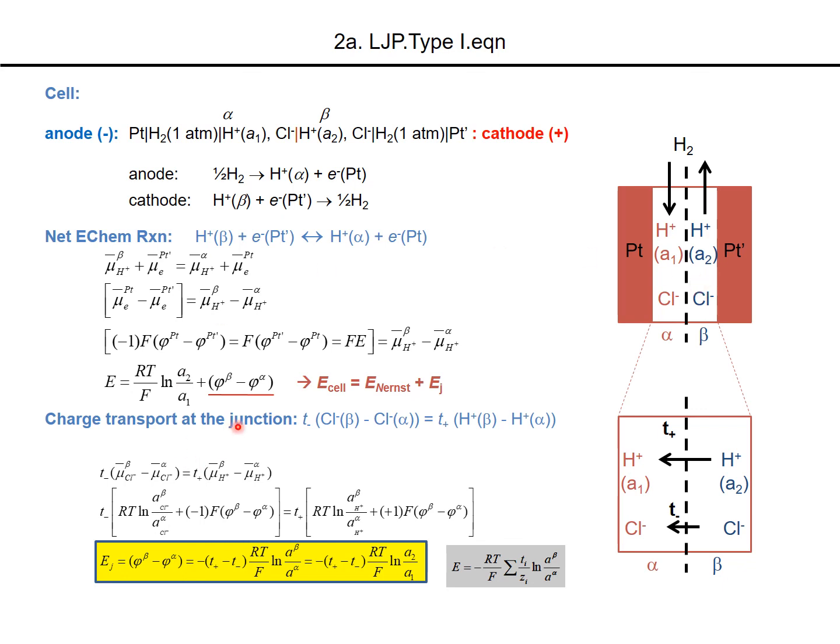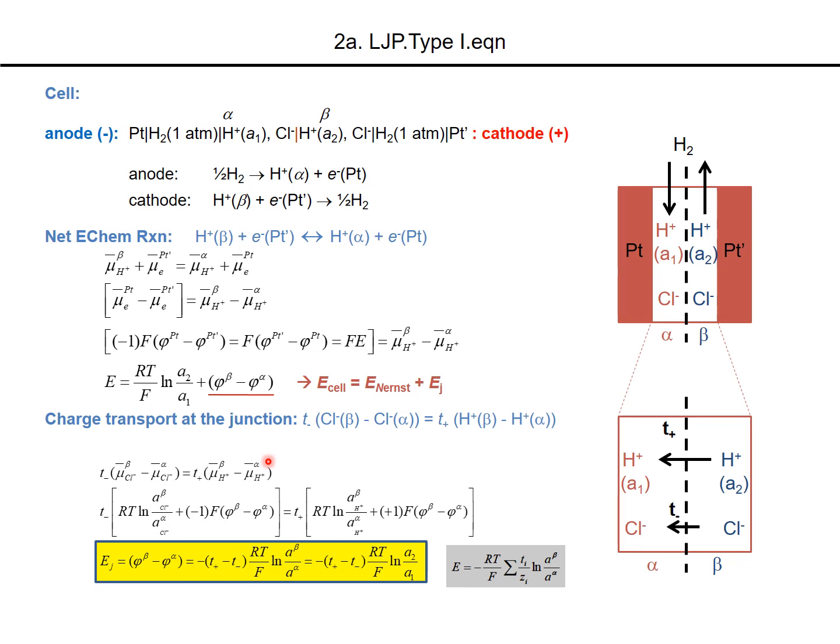Anyway, let me try to calculate the liquid junction potential. Here is the charge transport at the junction, and based on this charge transport, we could develop some balance equations. Here is the electrochemical potential difference between alpha phase and beta phase in terms of chloride minus. And this is the electrochemical potential difference of proton between beta and alpha.